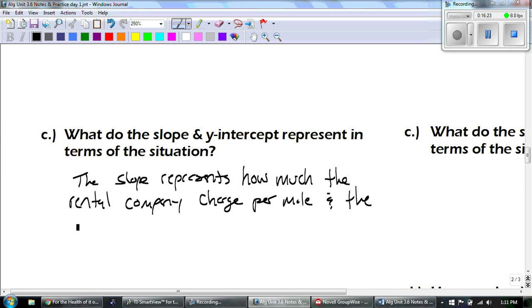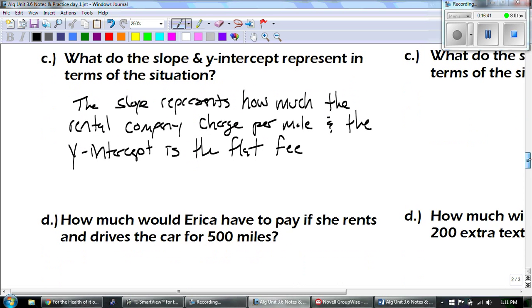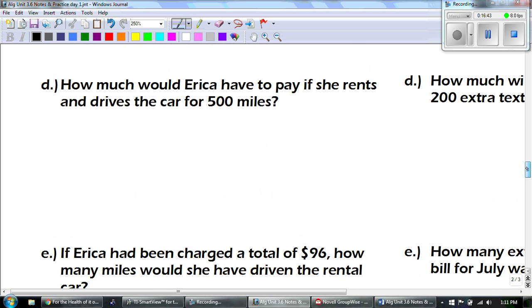And the y-intercept is the flat fee, okay? So you have to pay $45 for the car, but then you pay 12 cents per mile that you put on it, okay?